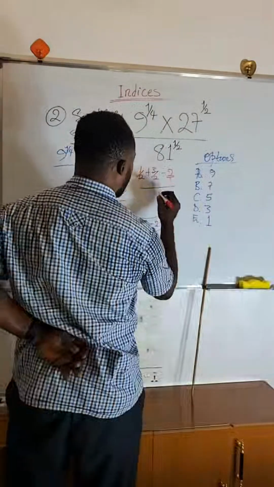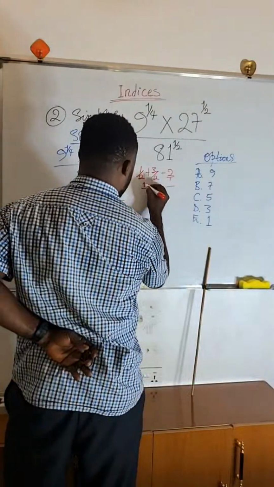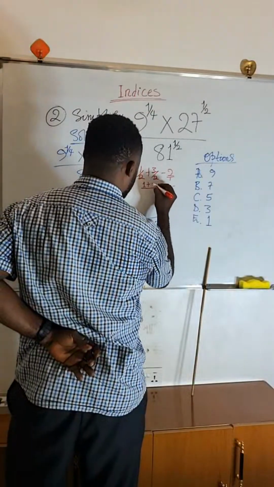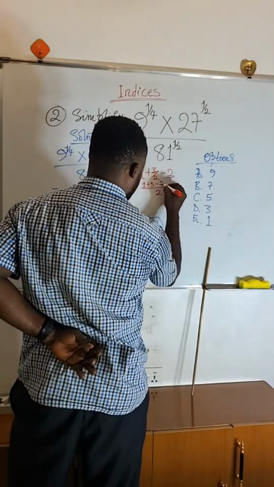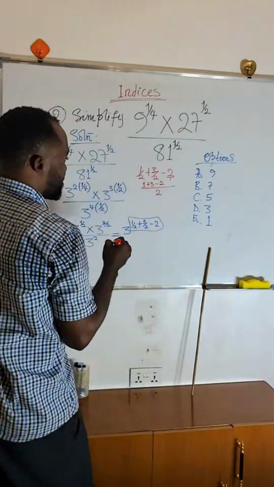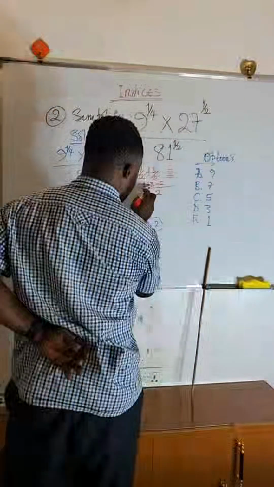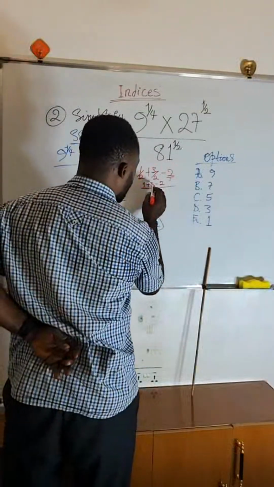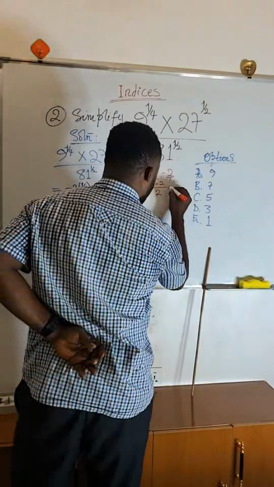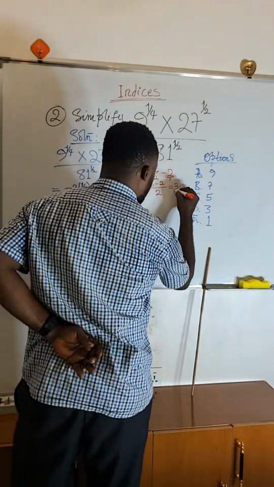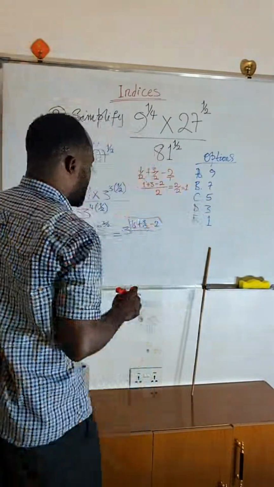LCM of 2 and 1 is 2. 2 into 2, 1 plus 3 minus 2. If you see, 1 plus 3 is 4. 4 minus 2 is 2. So that place is simply 2 over 2, which is what? 1. Can you see that?